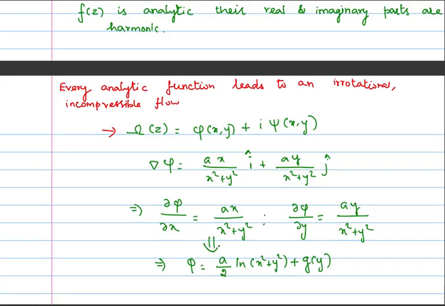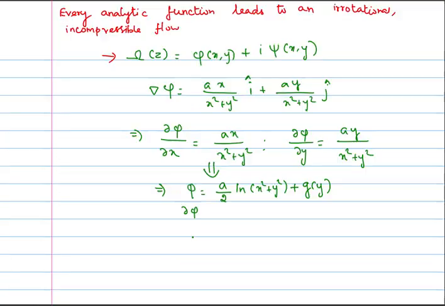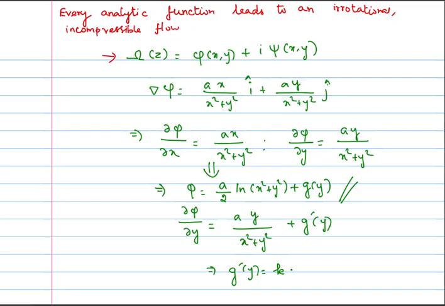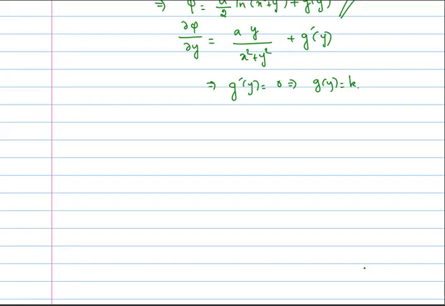From this result, now I will take dou phi by dou y. So a times y divided by x square plus y square plus g prime of y. I will compare these two. g prime of y equals 0, so g of y equals some constant.